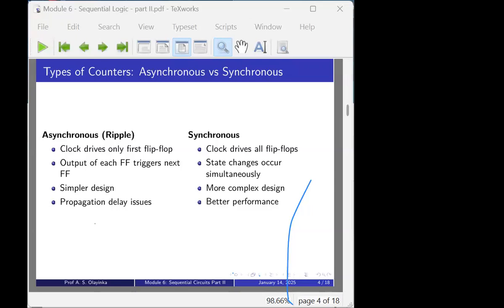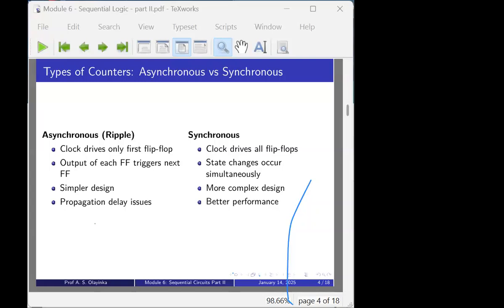Then at that point in time, the system begins to work. Now, we said it's asynchronous. Why? Because the clock signal goes only to the first flip-flop in that circuit arrangement.